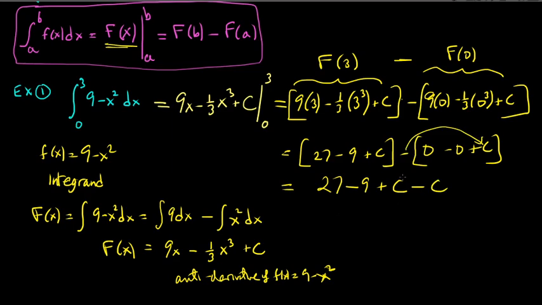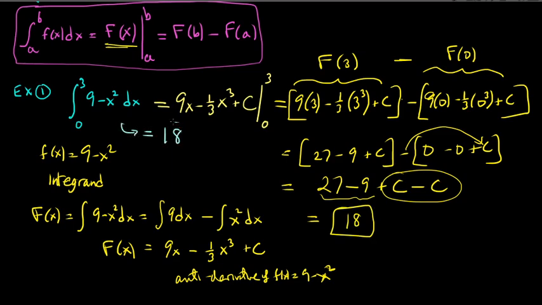Well, c minus c is 0, and 27 minus 9 is 18. So that's our answer. This definite integral, when you calculate it, you get 18.